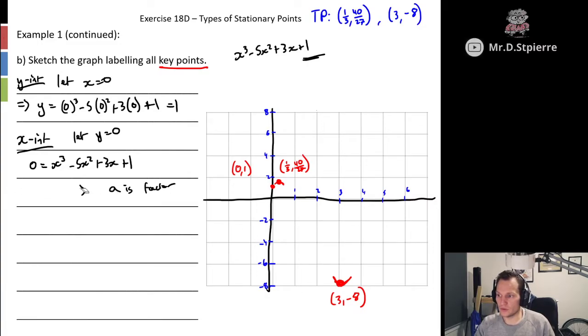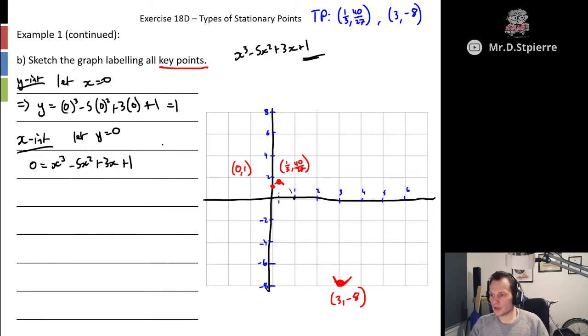So we could do some trial and error to try some numbers, and we also know that there needs to be an intercept between 1/3 and 3, and I'm hoping it's at +1, because the line has to come down, it has to go from the local max down to the local min.